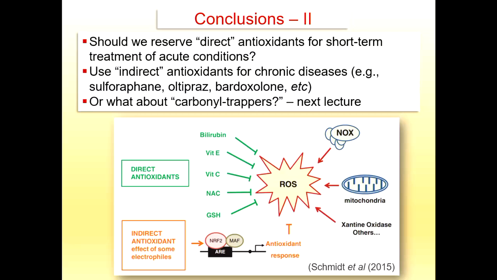So perhaps we'll be able to reserve direct antioxidants for short-term diseases, acute conditions, and then maybe we should be using indirect antioxidants that have a bit of a milder action by boosting endogenous antioxidant enzymes via that NRF2 pathway. Perhaps they are the ones we should be using chronically over a long period of time to reduce the susceptibility to chronic disease. So that's just one of the paradigms people are working on at the moment.